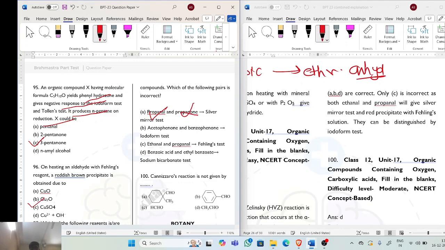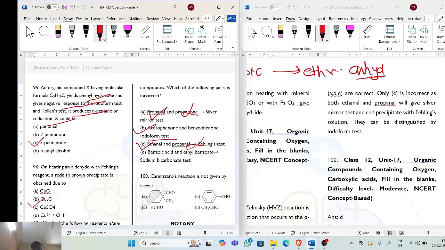Acetophenone and benzophenone, iodoform test. Yes, iodoform test is used to distinguish between them. Now option number C, ethanal and propanal, Fehling test. No, because both have aldehyde group, so both will give the positive Fehling test. Hence, it can't be used.